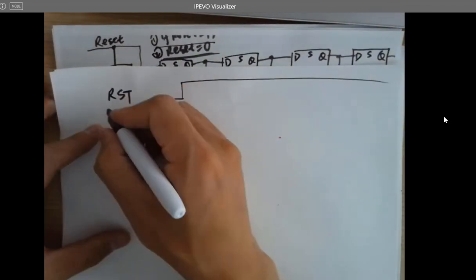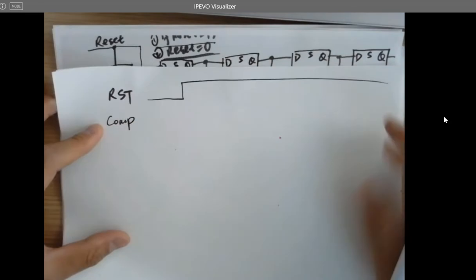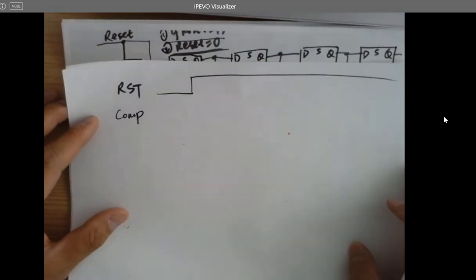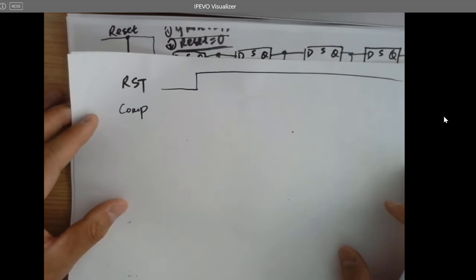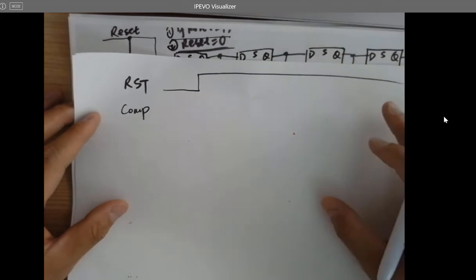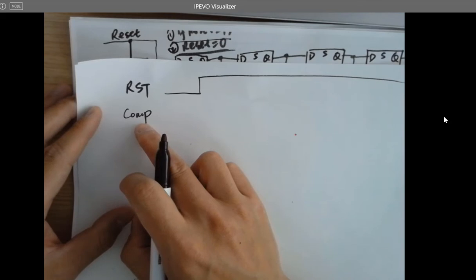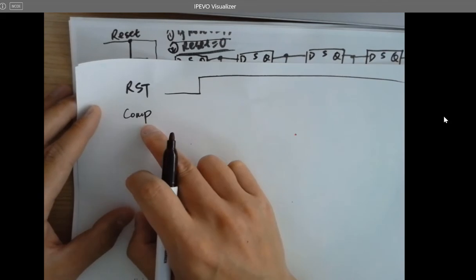What about the comp? You cannot predict it. It depends on the data. It's comparing with the feedback signal every time. So comp can be anything, but you just want to provide a dummy signal here for now, probably.